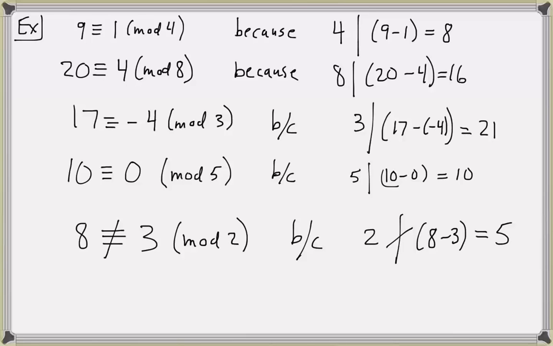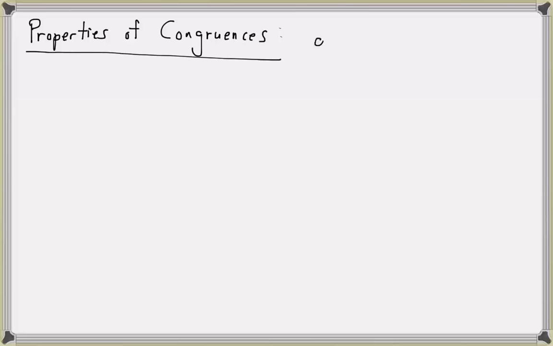And now I'm going to prove that the congruence relation is an equivalence relation. So let's look at some properties of congruences. We will assume that A, B, C, and M are integers, and again M is going to be our modulus, so M is going to be greater than 1.